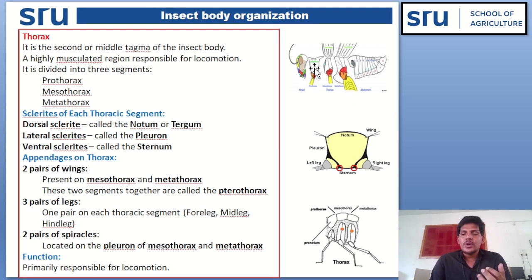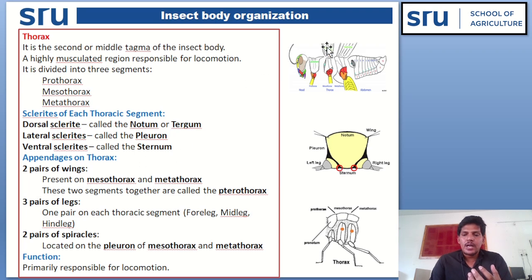Sclerites of each thoracic segment, see here. Dorsal sclerites are known as notum or tergum. Lateral sclerites are known as pleura, and ventral sclerites are known as sternum.